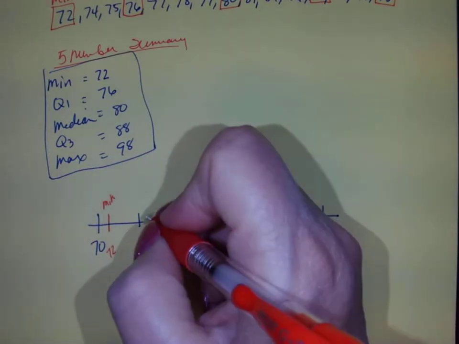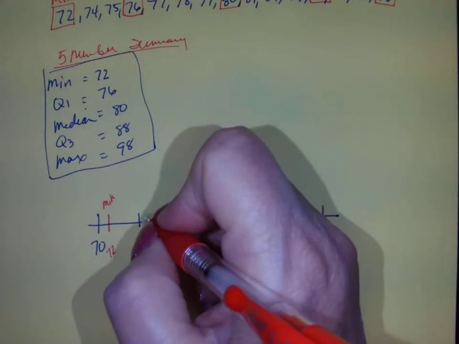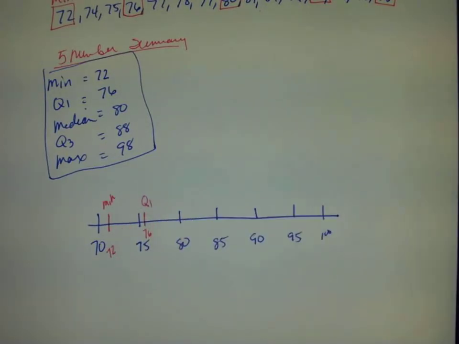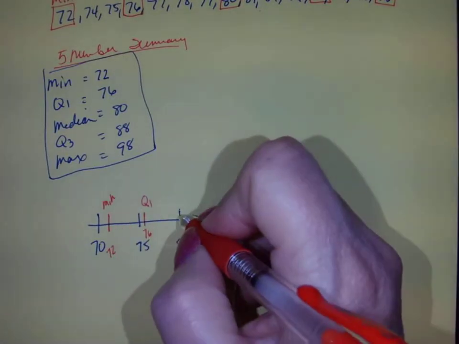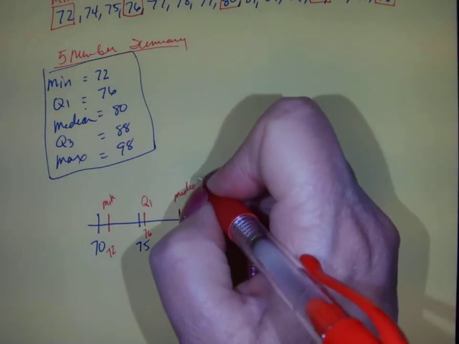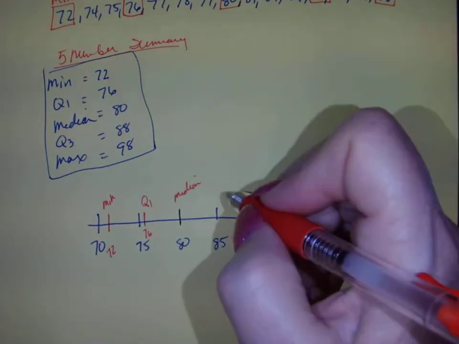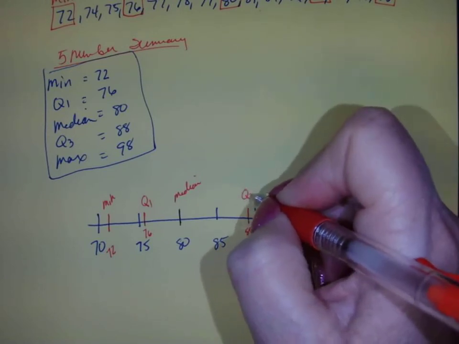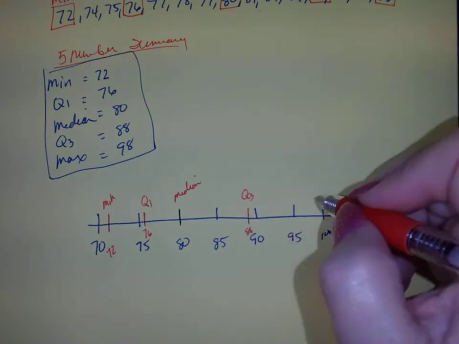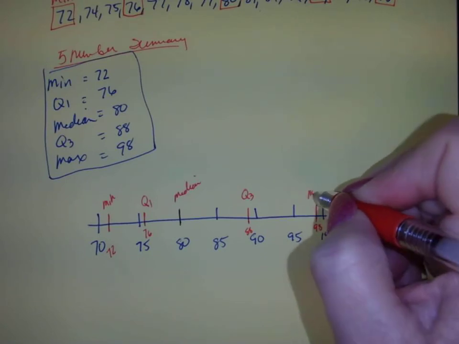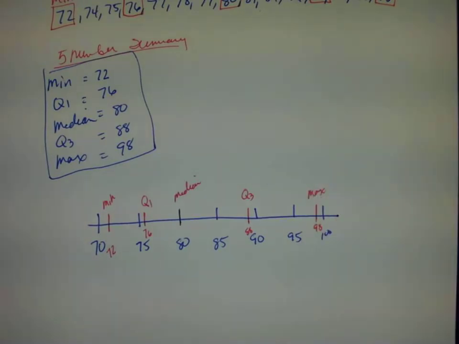Our quartile 1 now is 76 because I changed the numbers. Our median is now 80. Our quartile 3 is 88. And our max is 98. Okay?